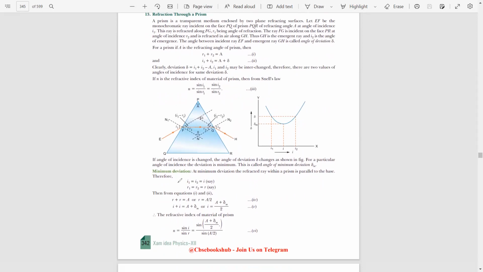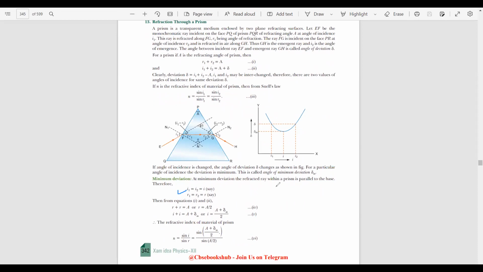So for minimum deviation, the ray within the prism is parallel to the base. Minimum deviation is parallel to the base. So I1 equals I2.